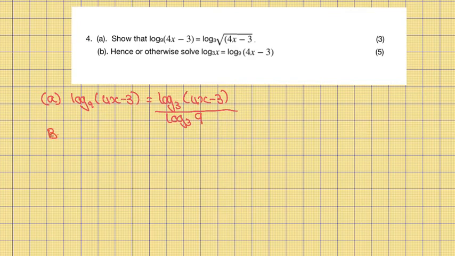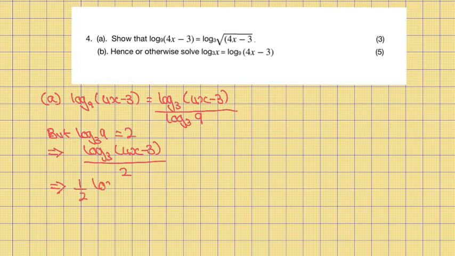But log 3 of 9 is equal to 2. So therefore, we've got log 3 of 4x minus 3 over 2. Therefore, we've got a half log 3 of 4x minus 3.